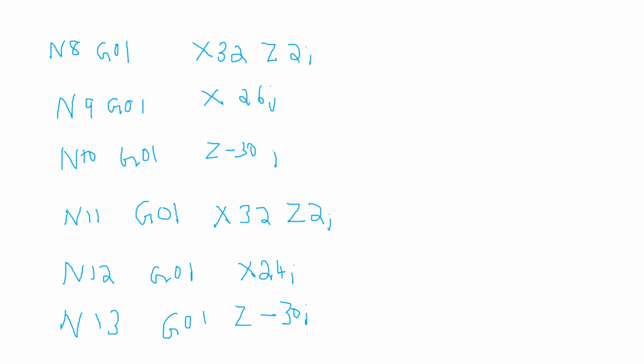So once you reach 20, I'm not going to do the whole code over here right now. You will be doing it accordingly. Let's say for example right now we are in N30.